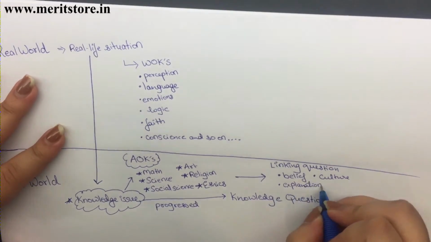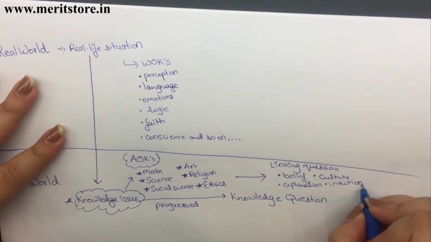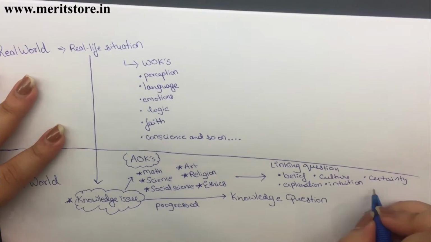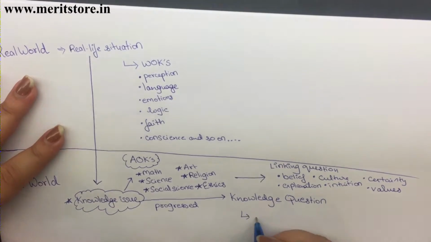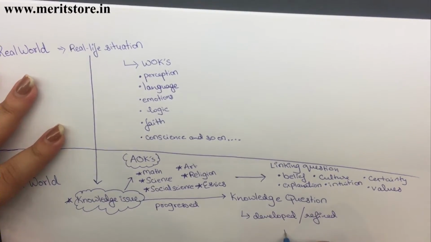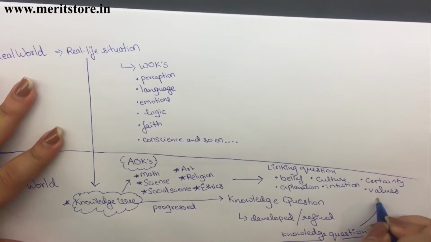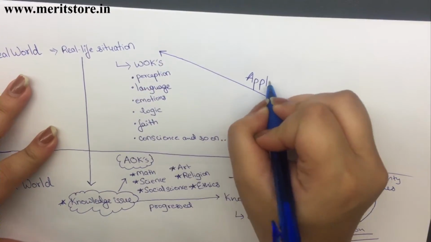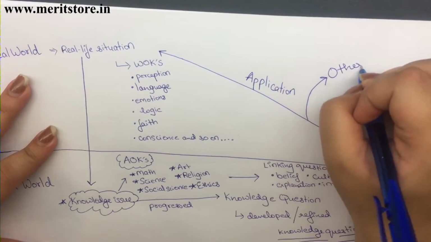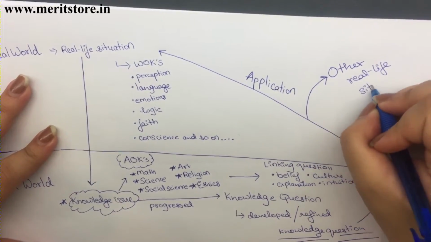This knowledge issue, later on through progression, becomes the knowledge question. Now this is what we link back to the RLS, the real life situation, to get a mini conclusion for the argument which we started. We use other such arguments which can be backed up by other RLS, the real life situations.